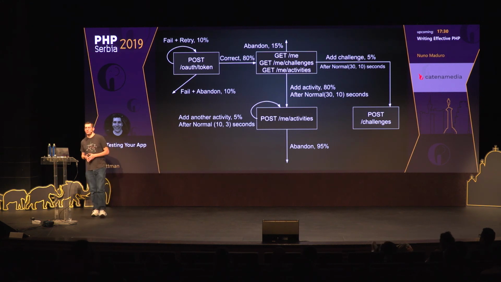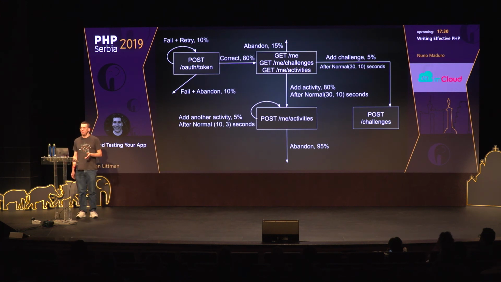And then some of those users decide, you know what, I want to set up a challenge of my own. So 5% of those users, after waiting around for 30 seconds with a standard deviation of 10 because it's a normal distribution, because people aren't going to wait exactly 30 seconds on that home page before they move somewhere else, decide, okay, I'm going to create a challenge. And then some will say, okay, well, the reason that I actually opened the app was to record an activity.